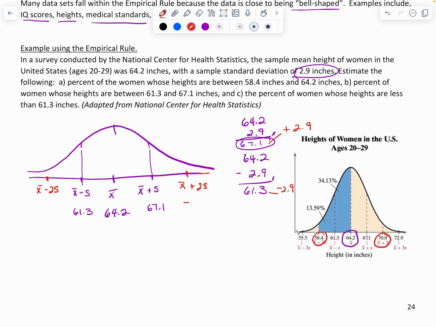And that's these values right here that they give us. So this would be 70.0 and 58.4, and that's right about here. And then the last one would be the blue. The blue is where it really starts cutting down.